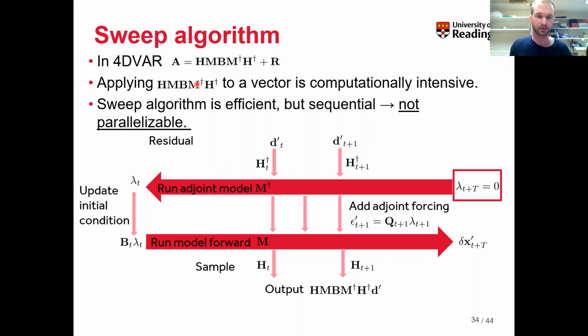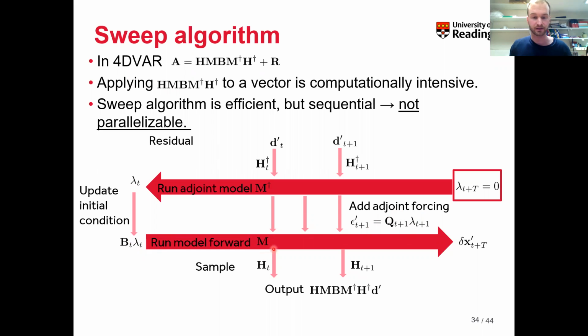That's this transpose of the matrix M. During that run, you add impulses coming from the vector to which you apply your matrix as forcing into your adjoint. Then once you get to the beginning of your analysis window, you apply your B matrix to the adjoint, and now you start off with a forward run. That's this matrix M. And during that run, you add your adjoint as first forcing term to the model.